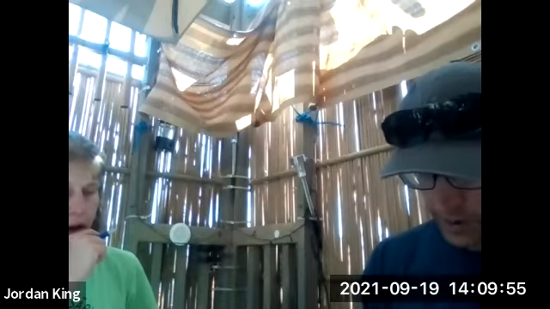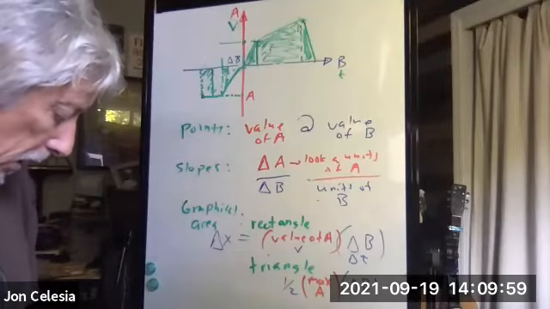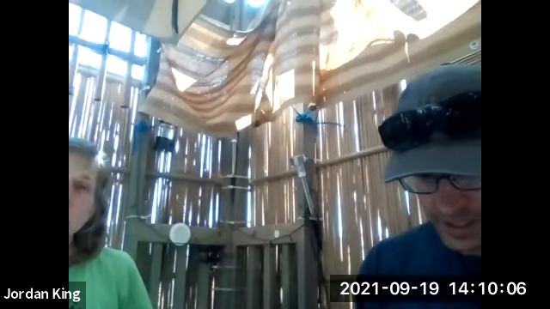Still getting the terminology straight. So I'm wondering if we did it wrong, or if in my haste I made a mistake. But it seems like the triangle should show the displacement.